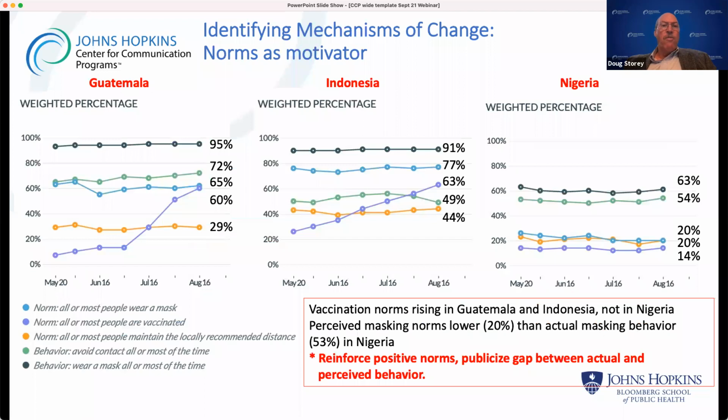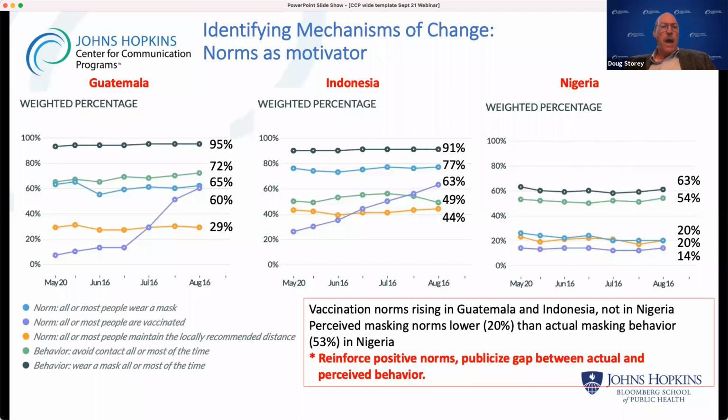Another possible motivator of change or a mechanism of change is through social norms. Behavioral theories generally tell us that people who believe that other people are practicing a behavior are more likely to practice the behavior themselves. So here is a series of three trend lines that you can view on the norms page by clicking on that icon that provides the trend lines that Toyin described to you. Here are the three trend lines for Guatemala, for Indonesia, and for Nigeria.